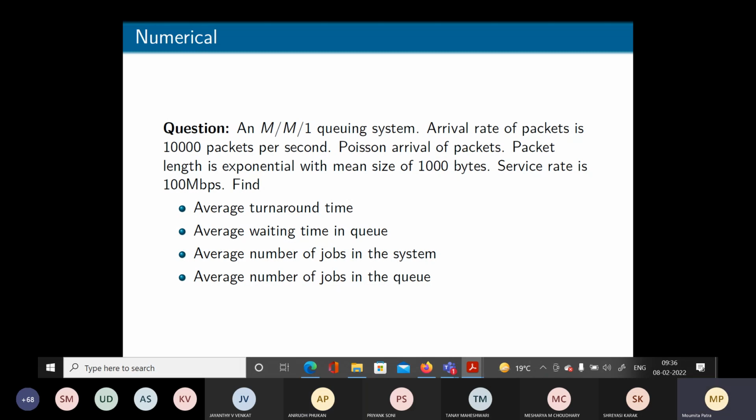So 100 Mbps is the data rate and 1000 bytes is the average packet size. If you want to find out how many packets can be sent per second, you can find out by simply dividing, that is 100 Mbps divided by 1000 bytes. So what is the value that you get in terms of packets per second?